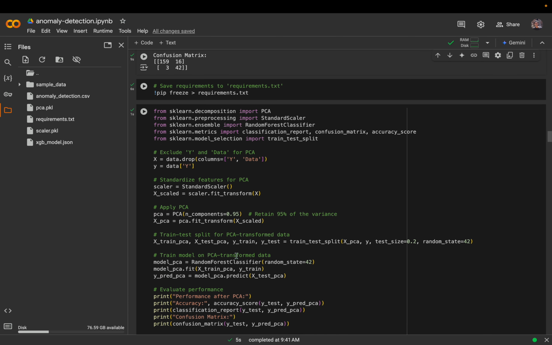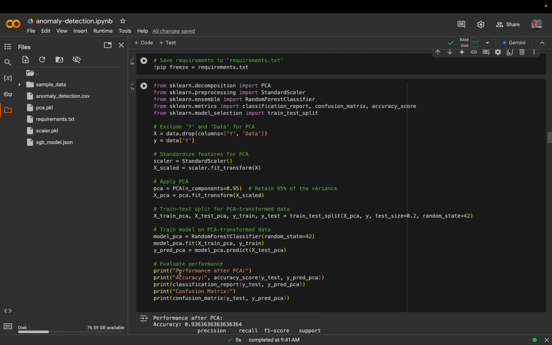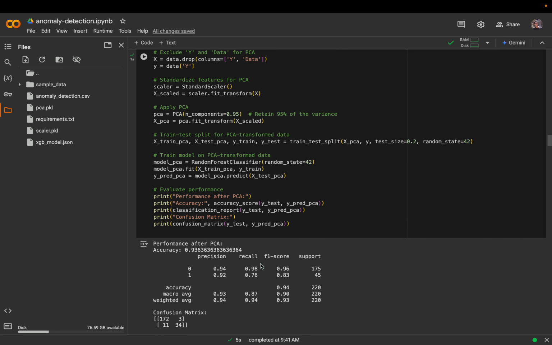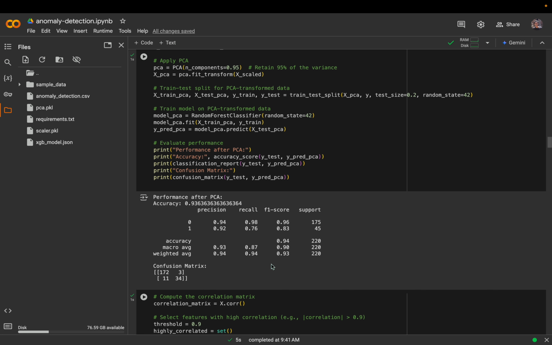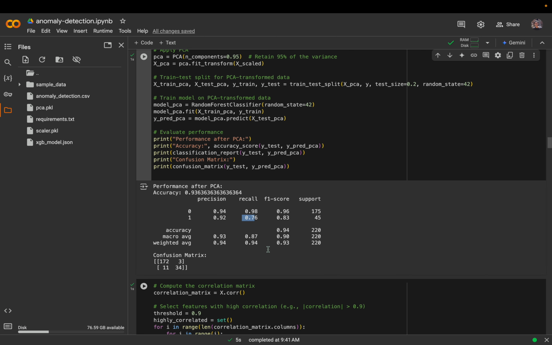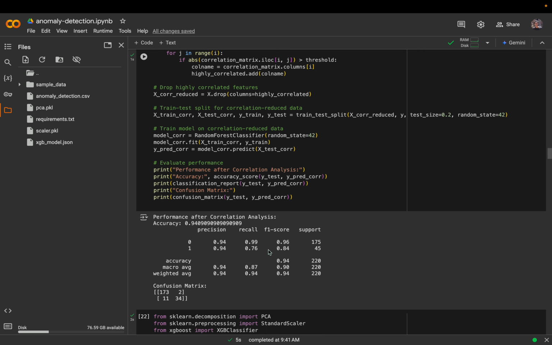So for that reason, I have performance after PCA right here. I have performed PCA for both the XGBoost and random forest models, and then it didn't perform well on recall again. So this is what we have.